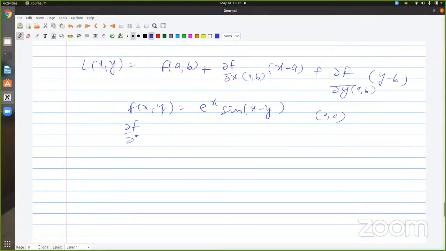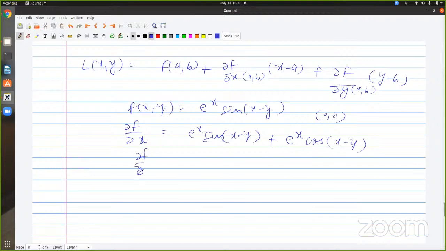Now let's see dou f by dou x. e to the x derivative is the same, with sine of x minus y kept the same, plus e to the x times cos of x minus y. We are doing this with respect to x, y is taken as constant, so that's it.